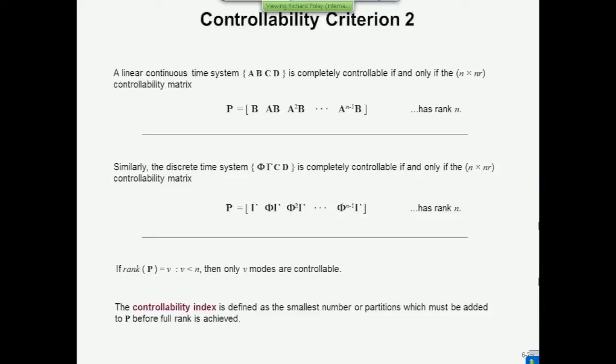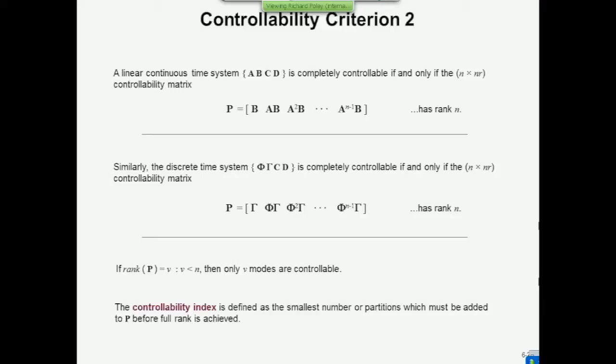You can also do it for discrete time systems, and the only difference is a notational change, phi for A and gamma for B. Otherwise, you construct the controllability matrix and assess it in exactly the same way. There are some things you can say.